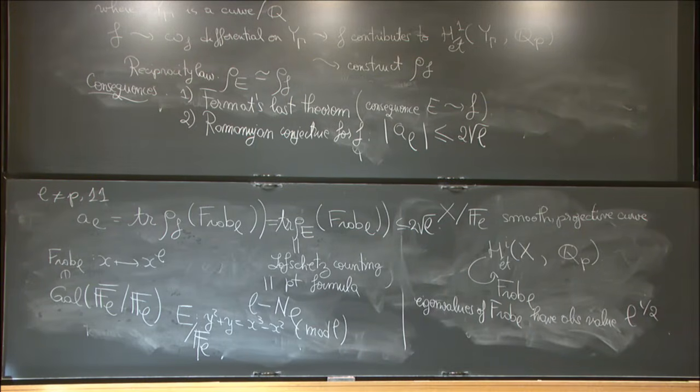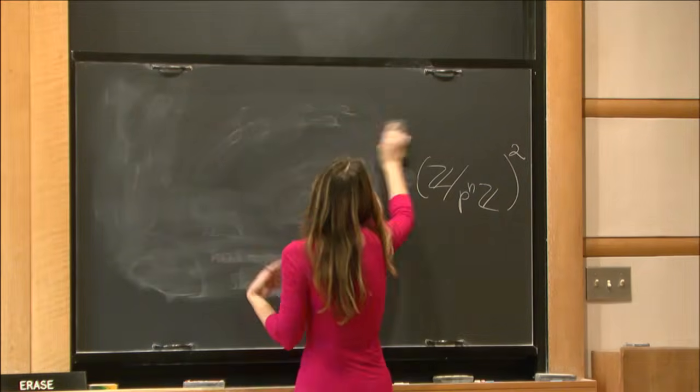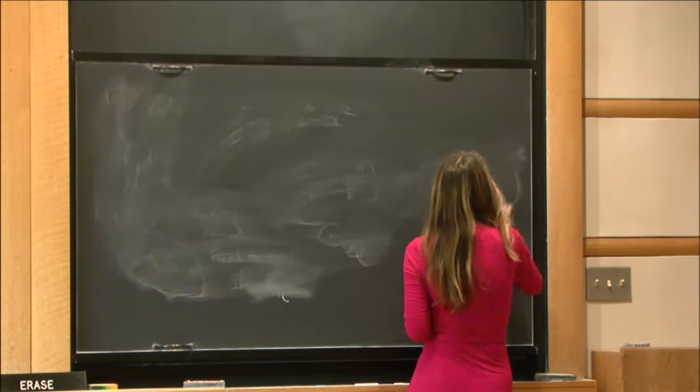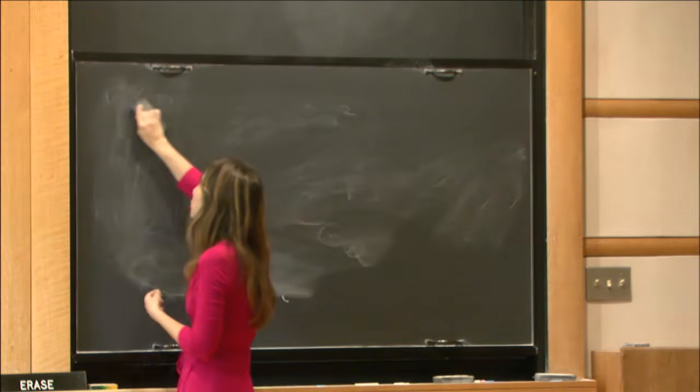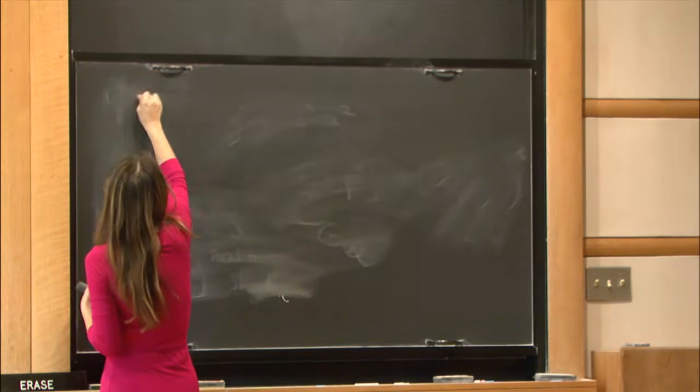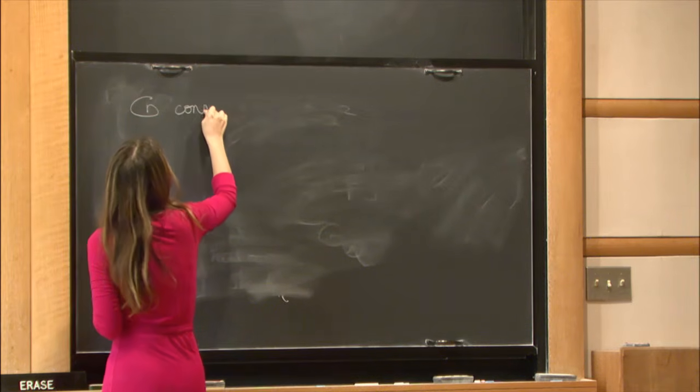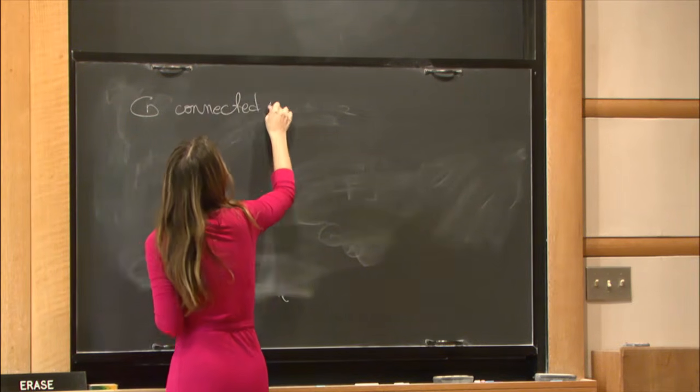So I'm going to start talking about the higher dimensional version from the point of view of generalizations on the automorphic, on the modular form side. And so I'll take G to be a connected reductive group over Q.